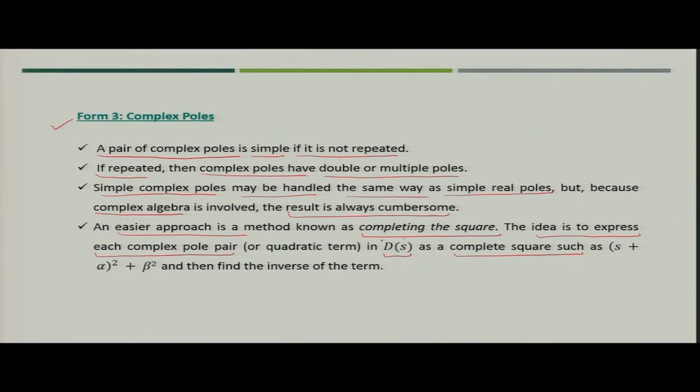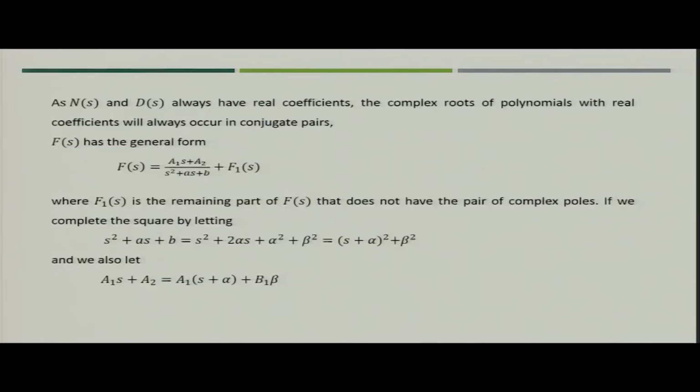Whatever we have in the denominator, we can represent as a complete square plus a remainder of the terms in the denominator. Then we can easily find the inverse Laplace transform of the function F(s).